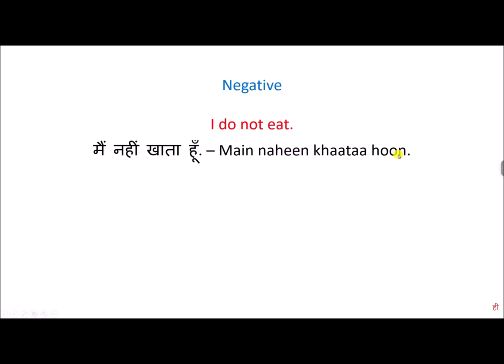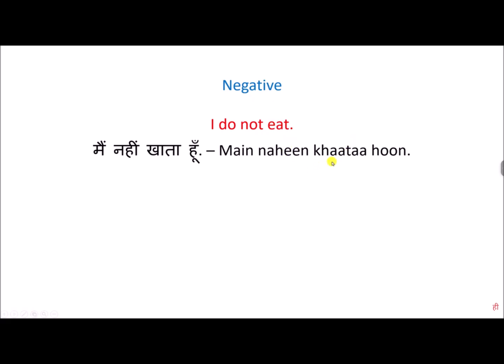Hoon is the be verb representing the tense. Okay, now nahi is not, and this nahi must be placed before the main verb. Which is the main verb in the sentence? It is eat. Before eat must be nahi.